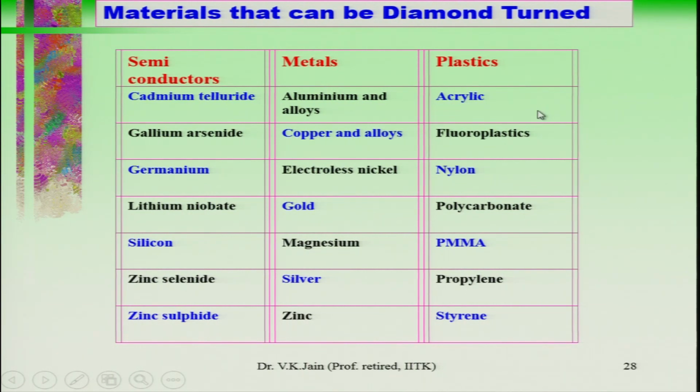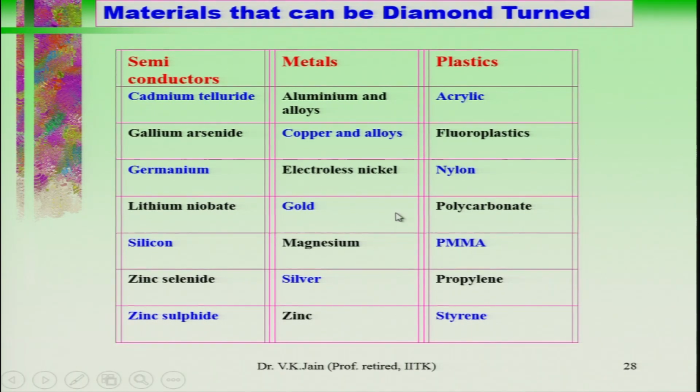And then the plastics: acrylic, fluoroplastics, nylon, polycarbonate, PMMA, propylene and styrene. So, these are the different kinds of materials which include semiconductors, metals and non-metals, and they can be easily machined.